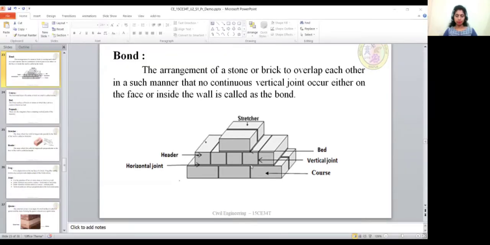Masonry wall ತಗೊಂಡ್ರೆ continuous vertical joints ಒಂದೇ ಲೈನ್ ಅಲ್ಲಿ ಬರಬಾರದು. See, joint is a weaker section in the bond, correct?